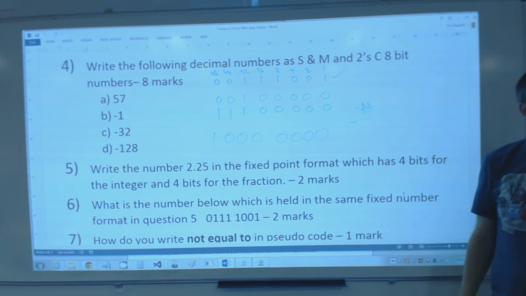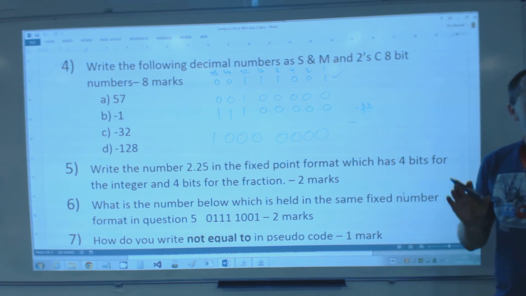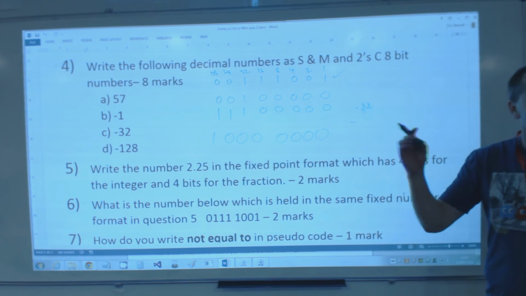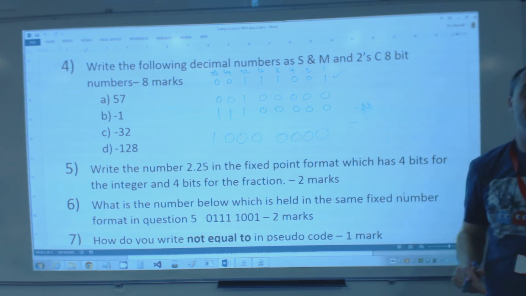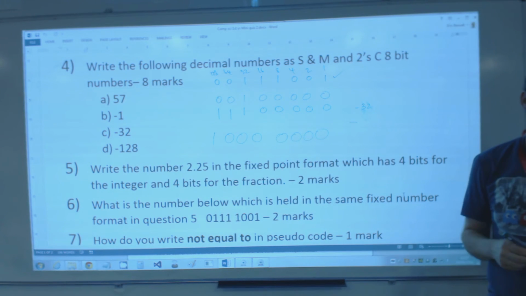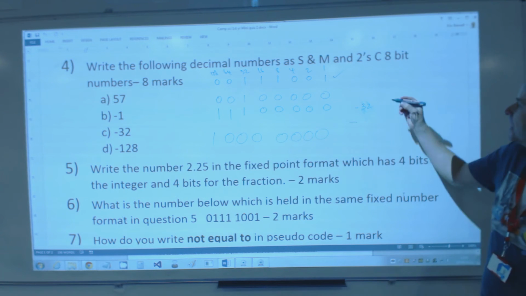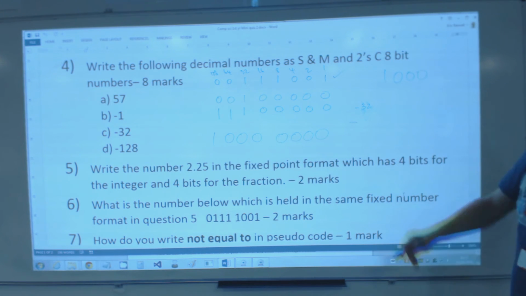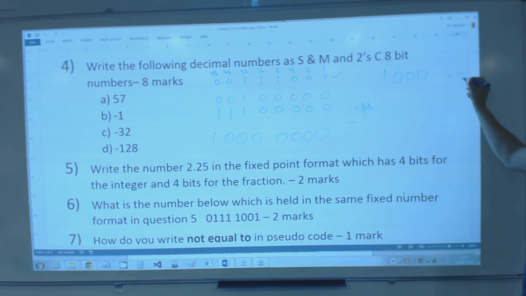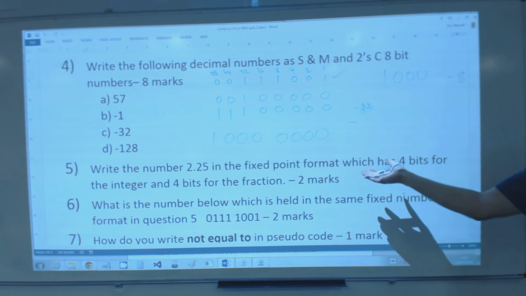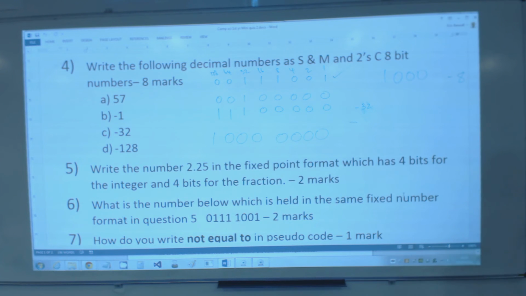So if you're ever asked to write what the maximum 2's complement value is in a certain number of bits, just put 1 and then fill it with zeros. And that will always be the maximum. So if you did it with 4 bits, that would be the maximum negative number, minus 8. If you perform flip and add on that in 2's complement, you get the same thing.